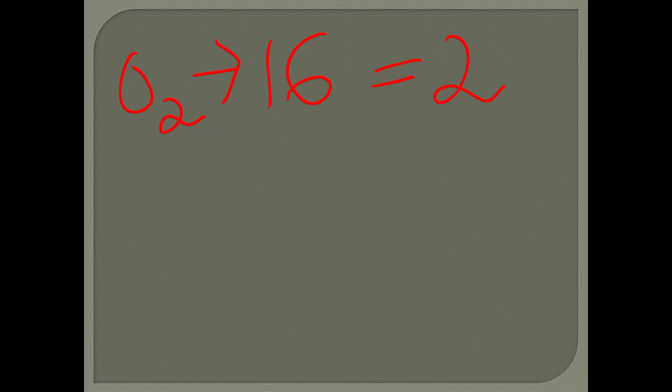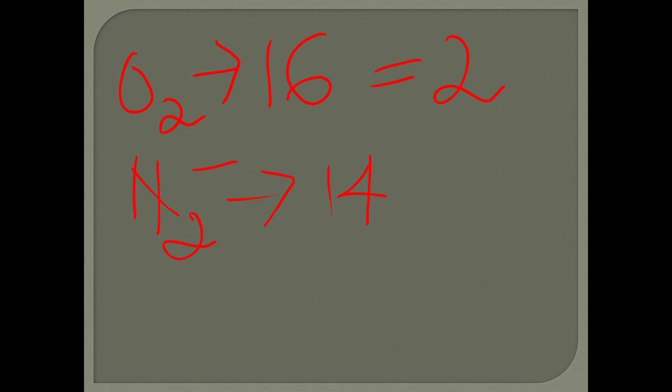Then moving ahead with N2 minus. Now N2 is 14. N2 minus means, when there is a negative charge, one electron is added.